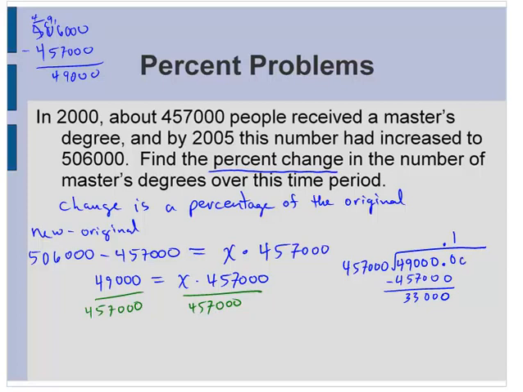457,000 won't go into 33,000. I'm sorry, it won't go into 330,000. So let's bring in another 0. Should go into 330,000. Let's see. 4 times 7 is 28. 4 times 8 is 32. But 45 times 8 is going to be more than 32, so I'm going to think it's 7 here.